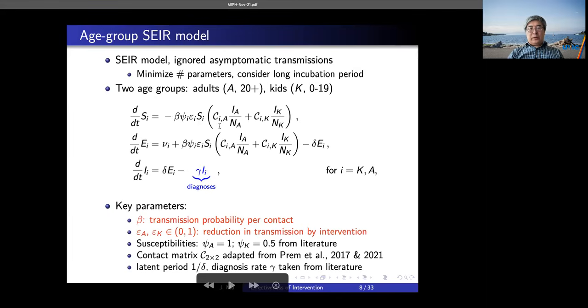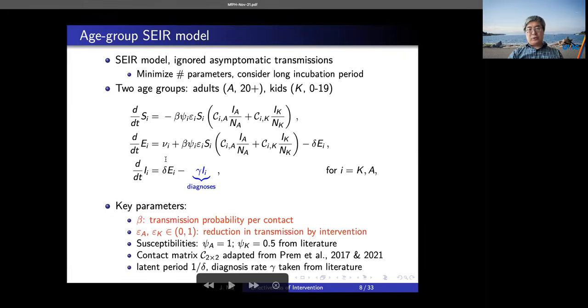And what we're more interested in is the epsilons. They're the effect of control measures on the transmission in each different age group. So we would have epsilon A for adult control measures, epsilon K for kids control measures, and if epsilon equals 0, that completely prevents transmission, and if epsilon equals 1, then there is no control measure.